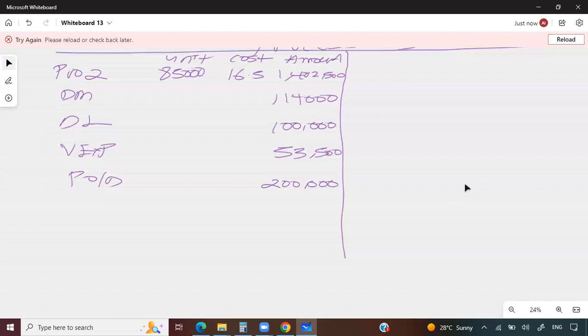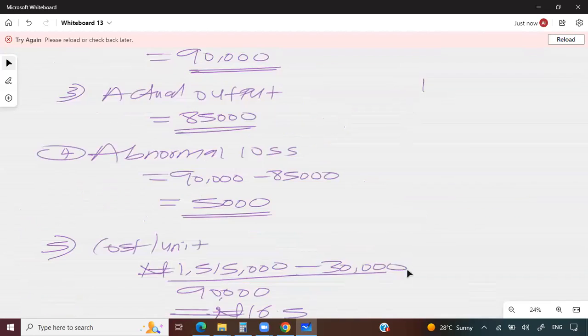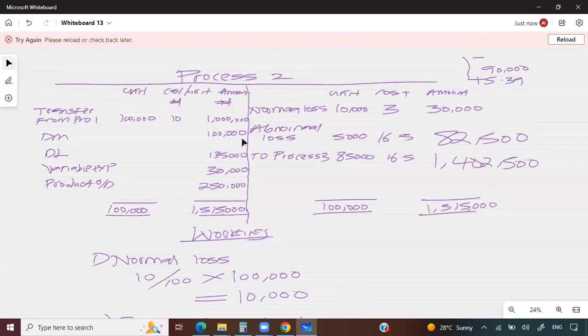Someone is raising his hand. Go ahead, please. Sir, can you explain the scrap value? Why is it being deducted from the total cost? Yes, let's look at it in a normal scenario. This is what you paid. You paid this amount for this unit. 1,515,000 is meant for 100 kg.